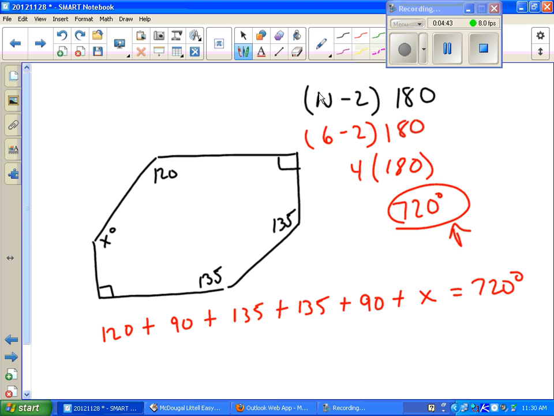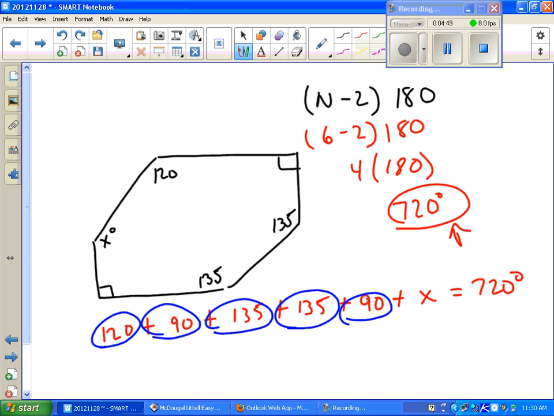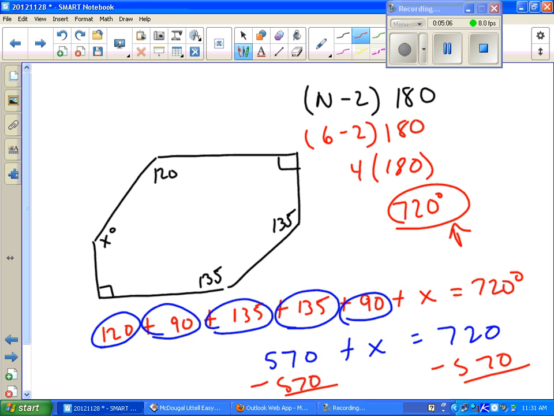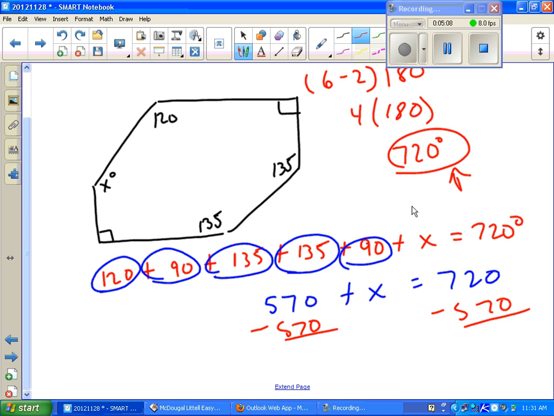When you put your like terms together, 120, 90, 135, 135, and 90, you get 570 plus x equals 720. Then to get x by itself, you subtract 570 on both sides. So x equals 150 degrees.